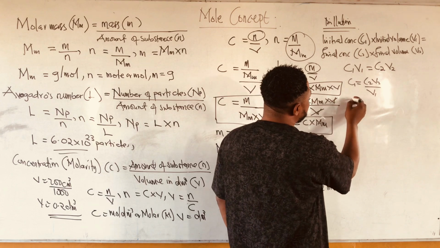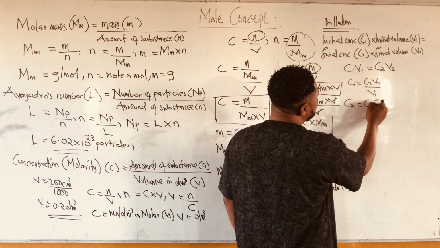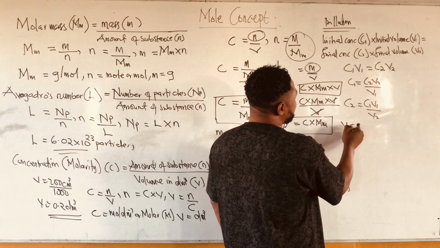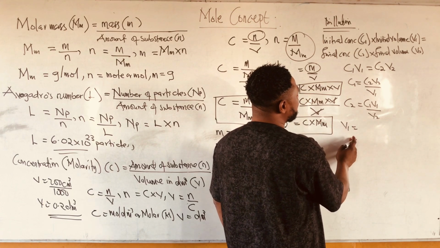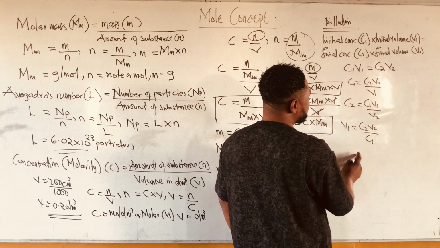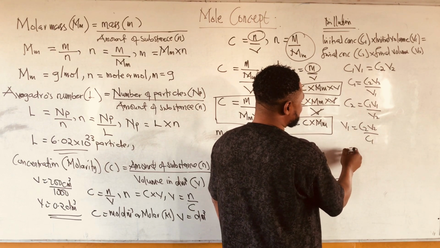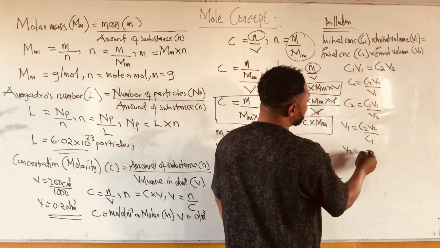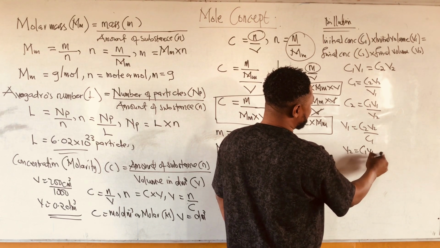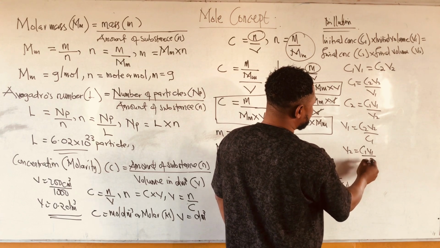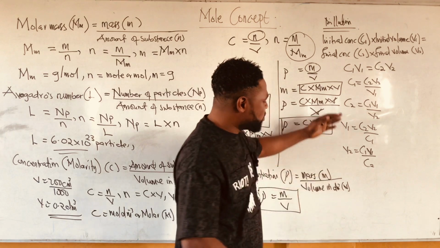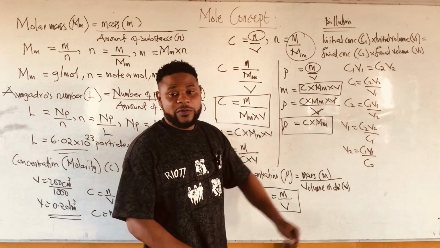We can also say C2 should be equal to C1 V1 all divided by V2. Also V1, the initial volume, should be equal to C2 V2 all over C1. And V2 should be equal to C1 V1 all divided by C2, as we can see here. So we can make use of these formulas.